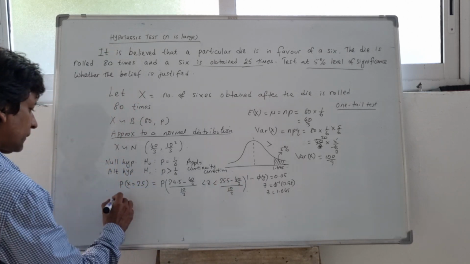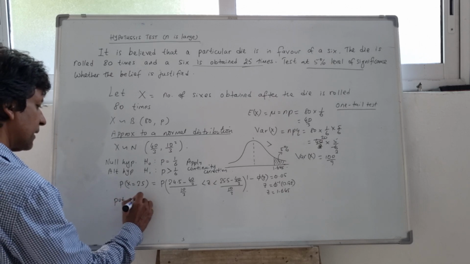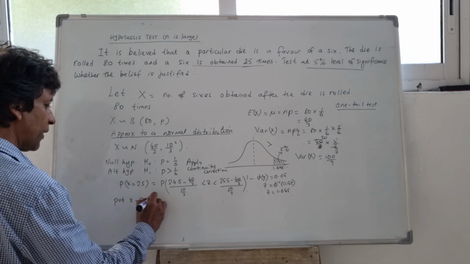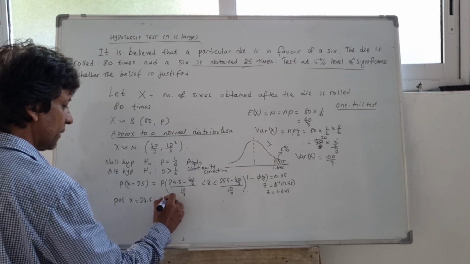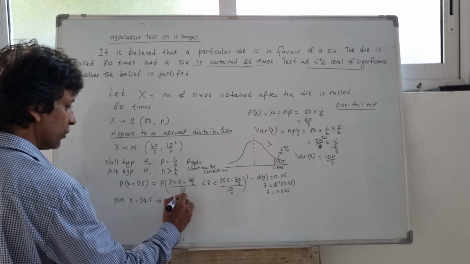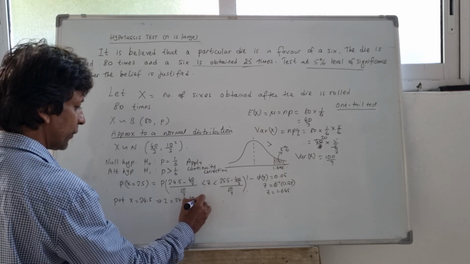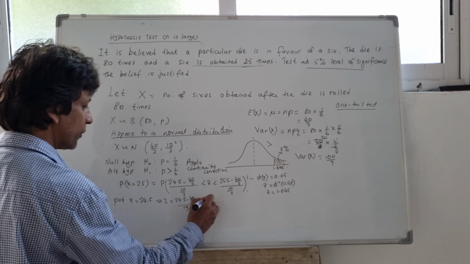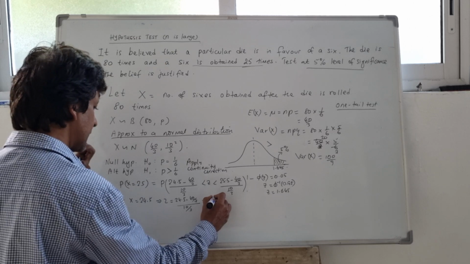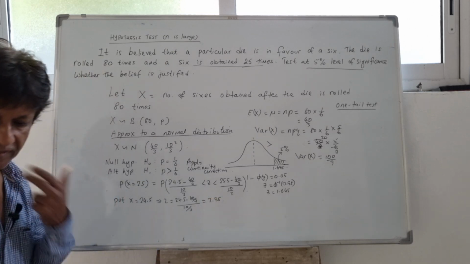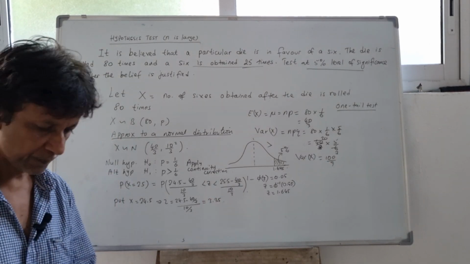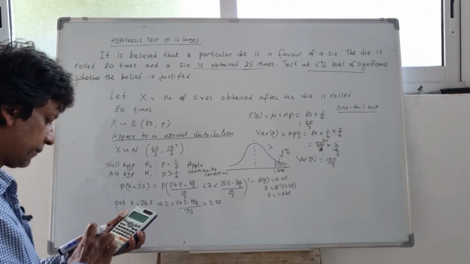If I put x as 24.5, my z value is going to be 24.5 minus 40 over 3, divided by 10 over 3, which is 3.35.